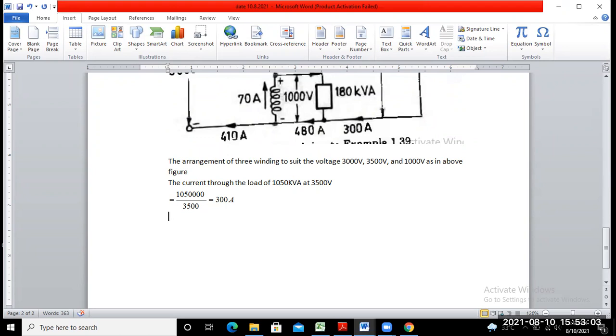The current through the load of 180 kVA at 1000 volt is 180 into 1000 divided by 1000. So the 1000 is cancelled, and that means 180 ampere.